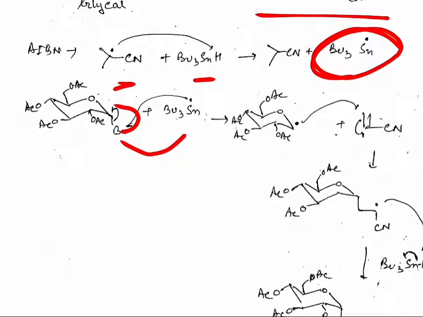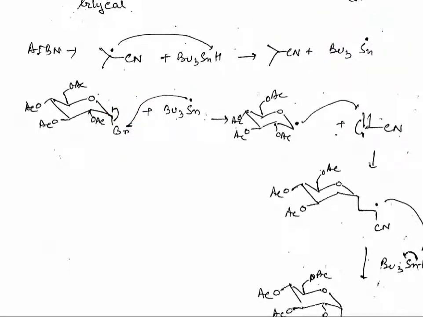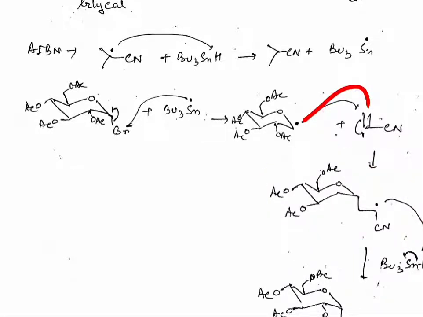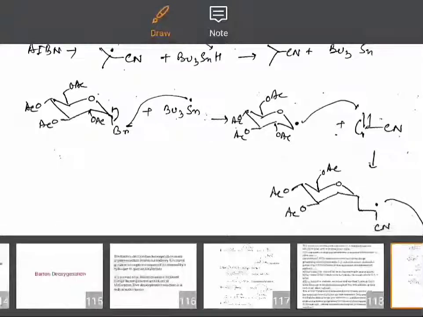Actually, of this bonded electron pair, one electron will be taken by bromine, another one will be taken by this carbon. So a carbon radical will form, and this radical actually attacks here, and then this species will be formed, and at last this will snatch a proton from this, and ultimately the product will be formed.